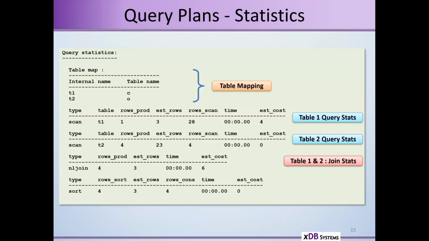The next section is the details of our join, so giving us our time and estimates and so on. And then lastly, in this example, we're seeing our statistics for the sort. So each set of lines here relates to one part of the query that we see in the query plan.